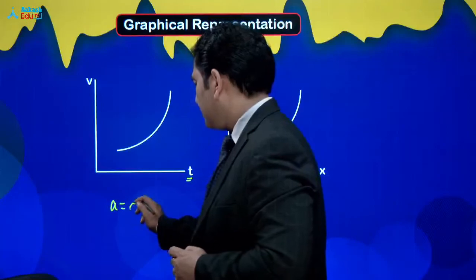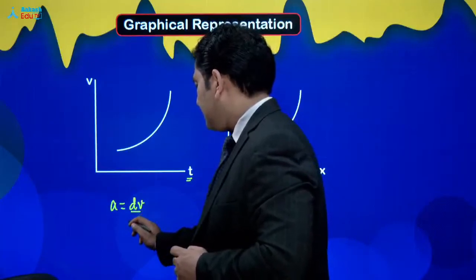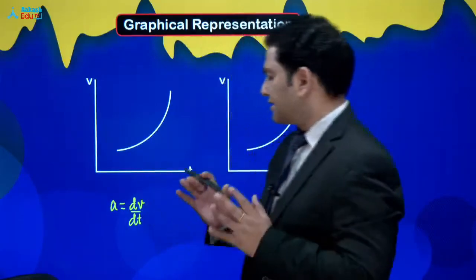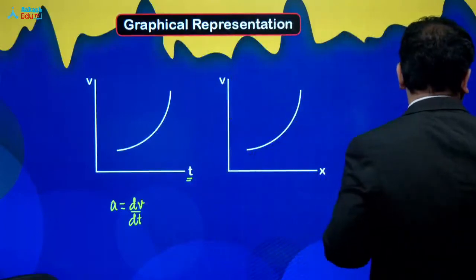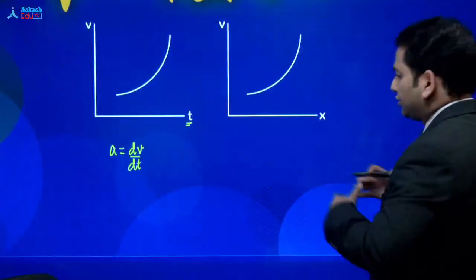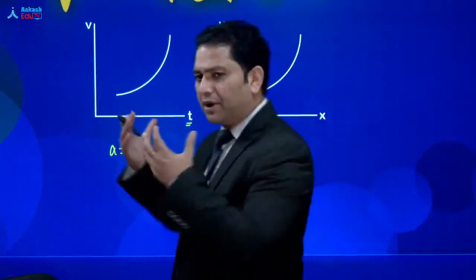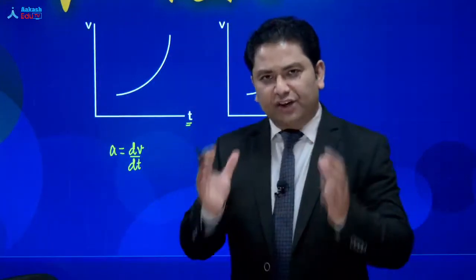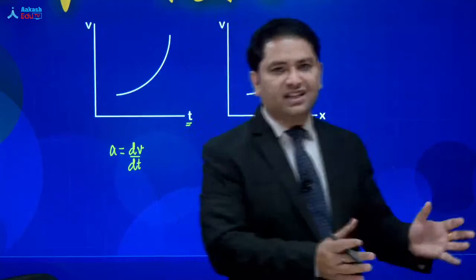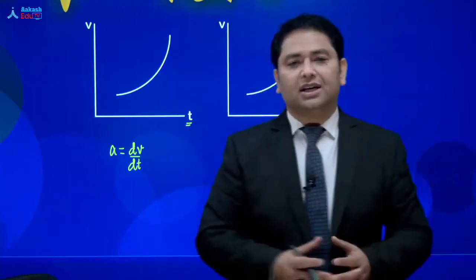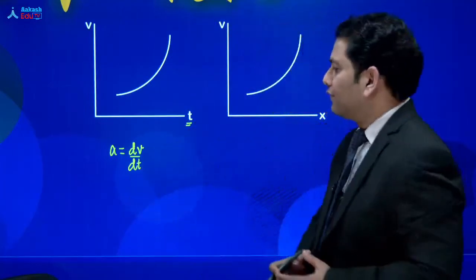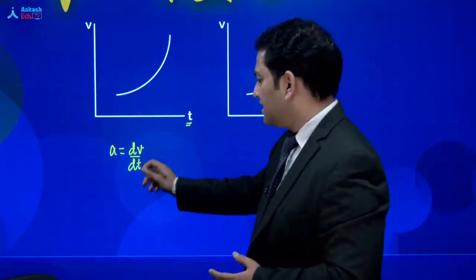Acceleration की जो value है, that is dv by dt. That's the definition. Then I know कि ये तो slope of tangent बताता है. The derivative says the slope of the tangent. But slope of tangent of which graph? Of the VT graph.